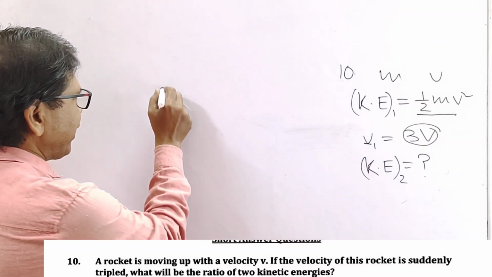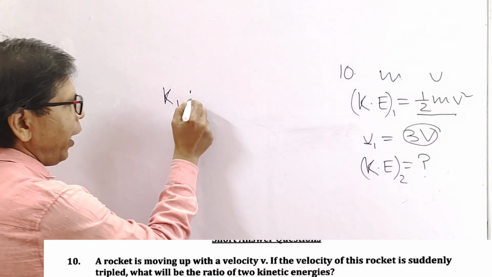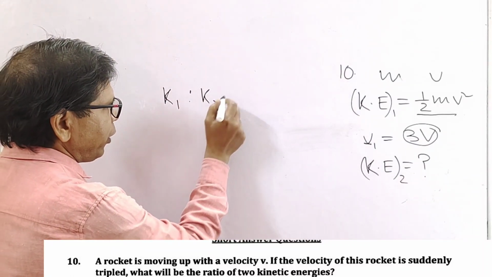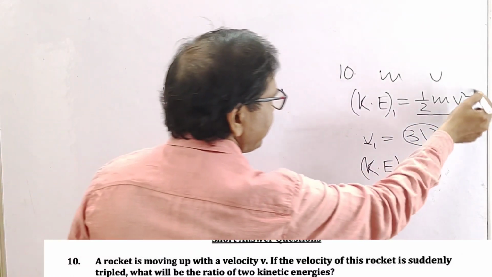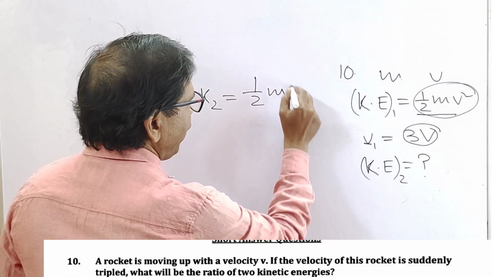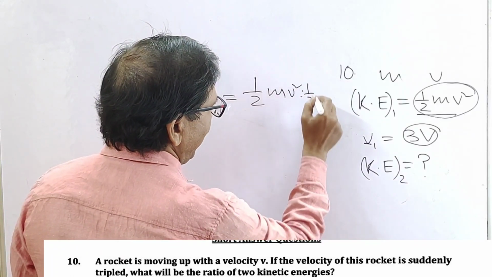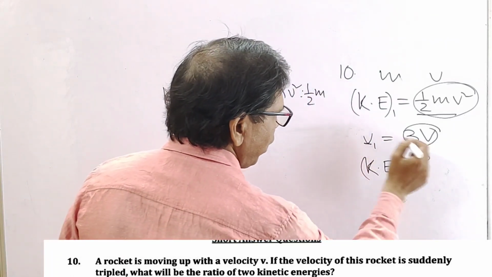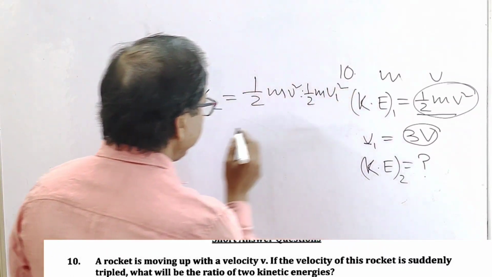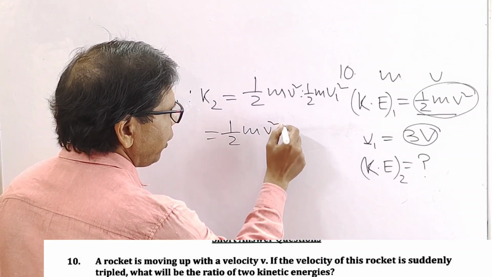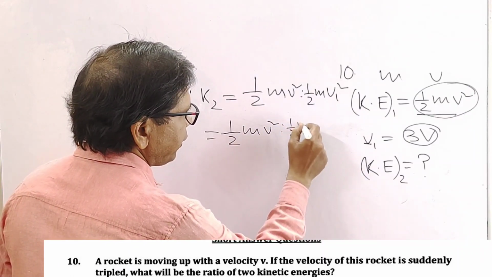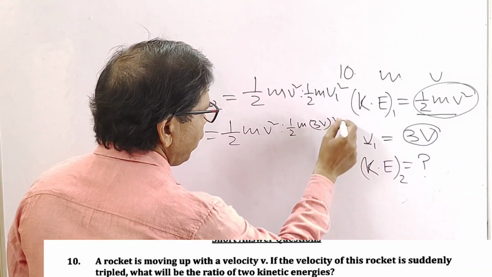Initial kinetic energy k1 is to final kinetic energy k2. Look at this. This is the initial kinetic energy, half mv square. And the final kinetic energy is half m v1 square. Now v1 is equal to 3v. So this is half mv square is to half m into (3v) whole square.